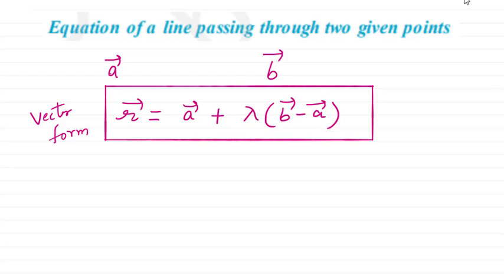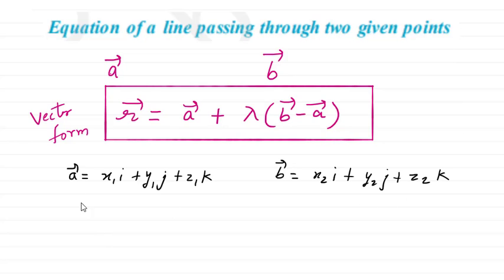Now I'll tell you how it will be in the Cartesian form. So let's say we have A as x1i plus y1j plus z1k, and B as x2i plus y2j plus z2k.